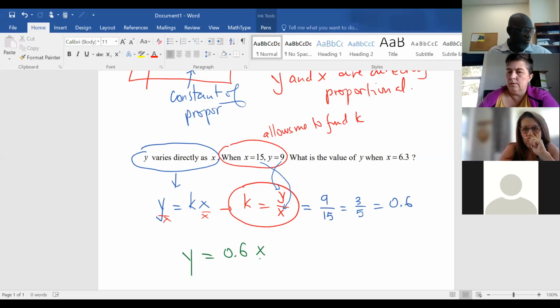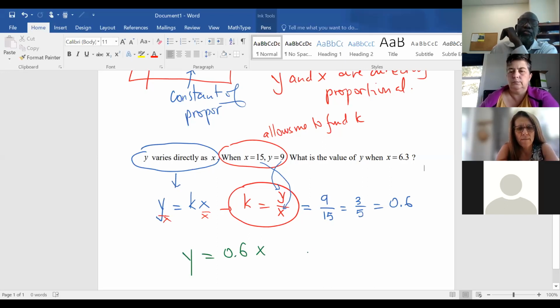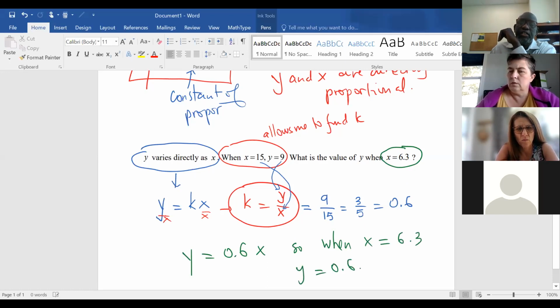So what is the value of y when x is 6.3? What do you do? You just plug in here. So when x is 6.3, y equals 0.6 times 6.3, right?